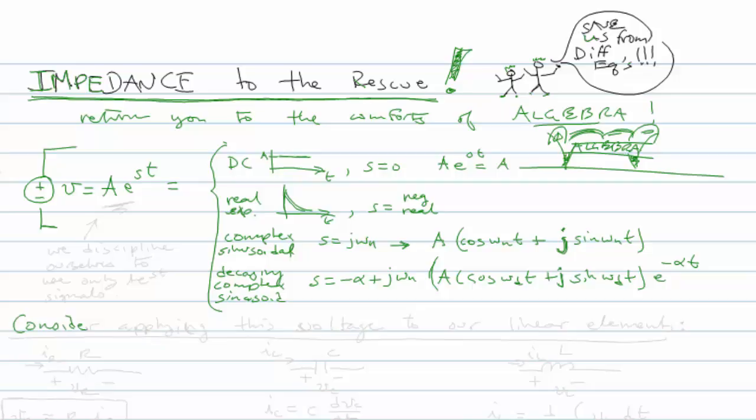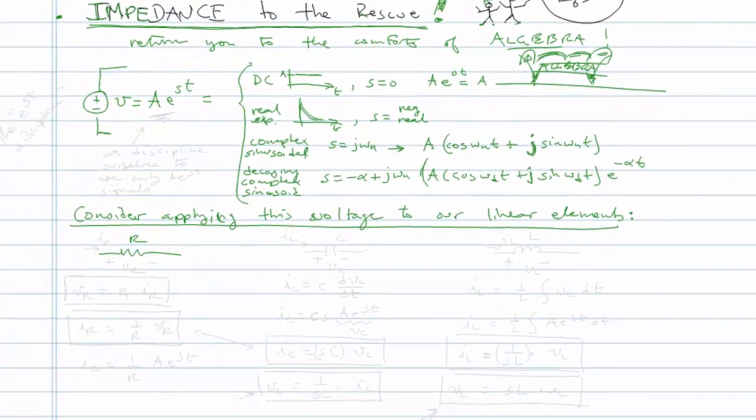So let's consider applying this voltage to our linear elements. Okay, so we have a resistor R, capacitor C, inductor L. We have IR, VR. Now we know that the time domain relationship for the resistor is that the voltage across the resistor is equal to the resistance R times IR.